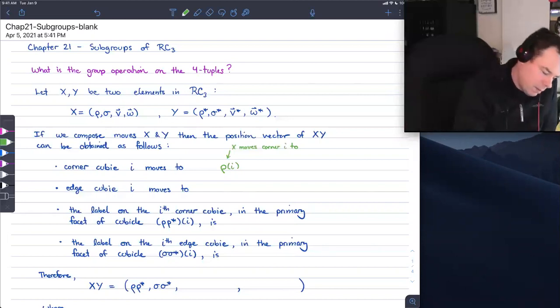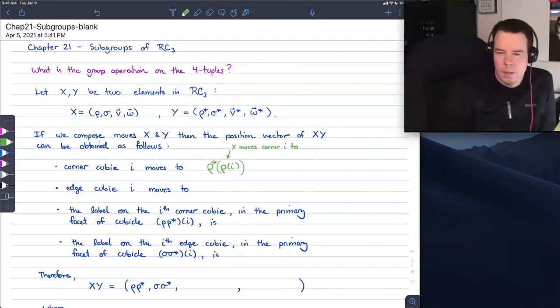Well, y takes the piece that's in position row I and moves it to position row star of row I. This is just a combination of permutations.